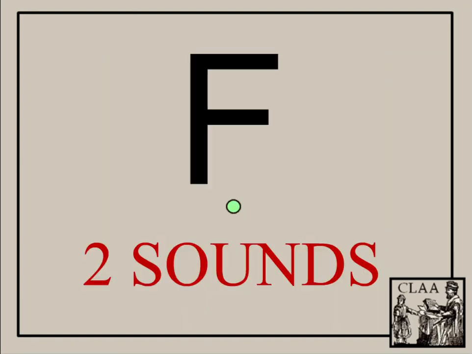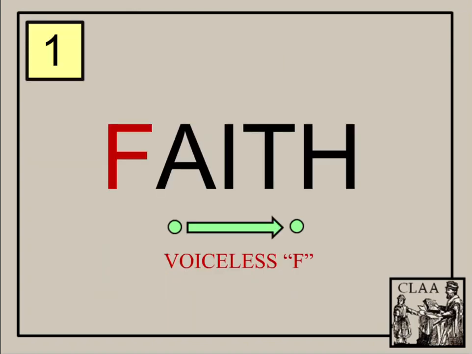Point to the green dot on your screen and look carefully at this English consonant. This is the letter F. The letter F is used to represent 2 basic sounds in English. The first sound made by the English letter F is the same sound we studied in classical letters.